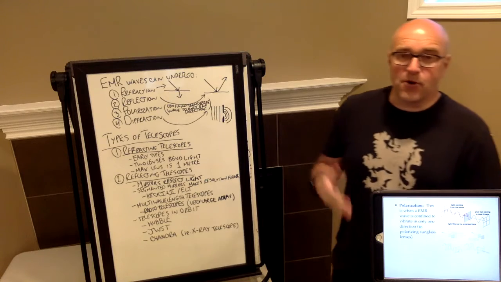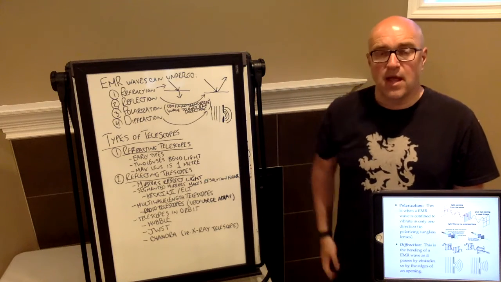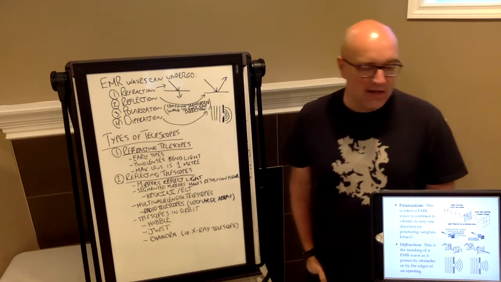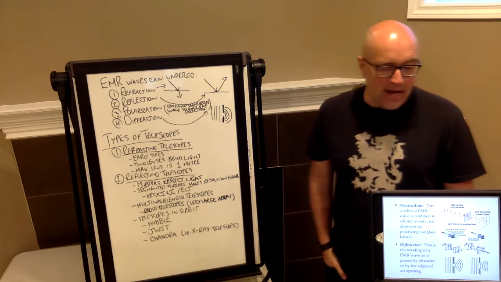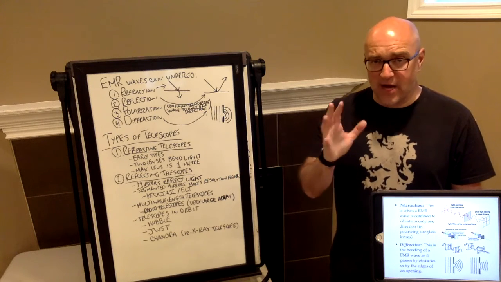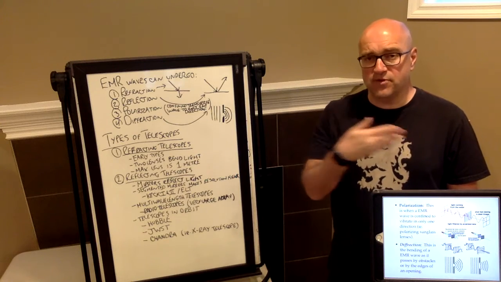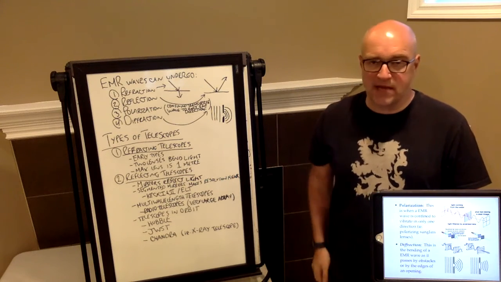There's another process called polarization, and you might have heard of polarizing lenses on sunglasses. Remember that EMRs are transverse waves. They have different angles of waves moving at the same time.